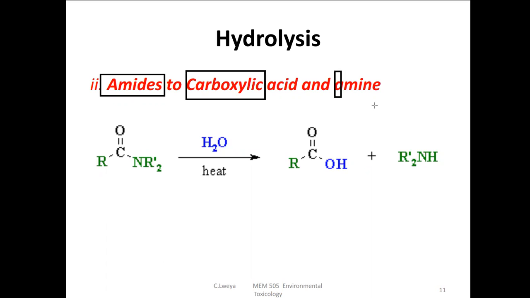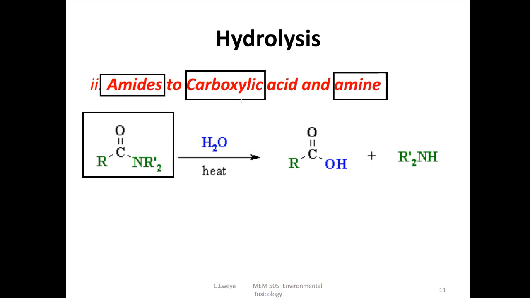So when an ester is breaking down, we always need to know that the carboxylic acid is formed. And when an amide is breaking down, the carboxylic acid is also formed. So we have a common product, the carboxylic acid. But what determines the other compound to be formed besides the carboxylic acid is this part here.